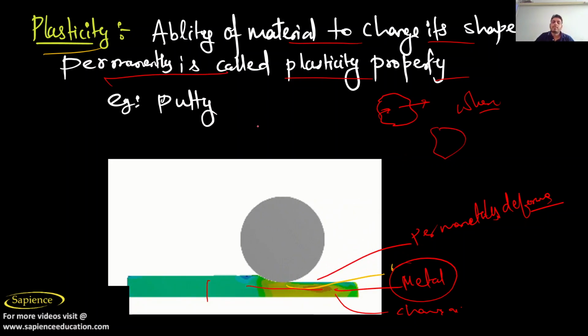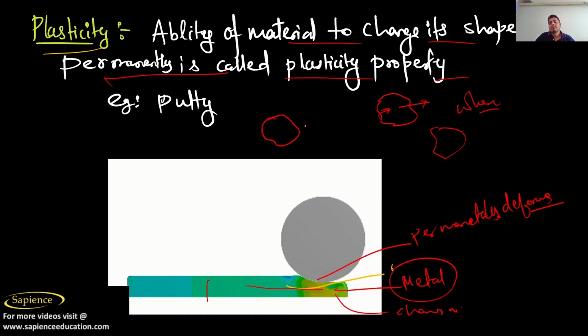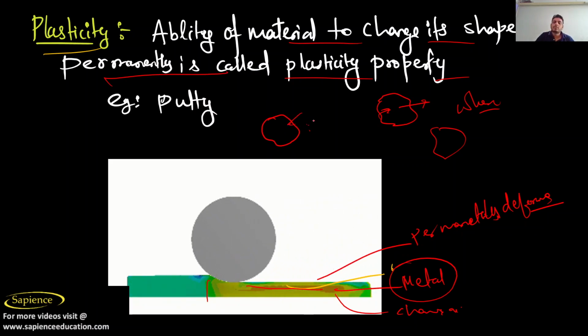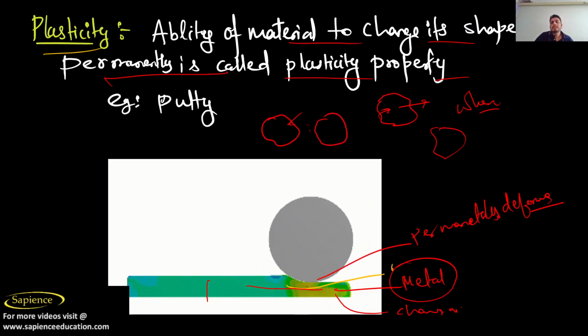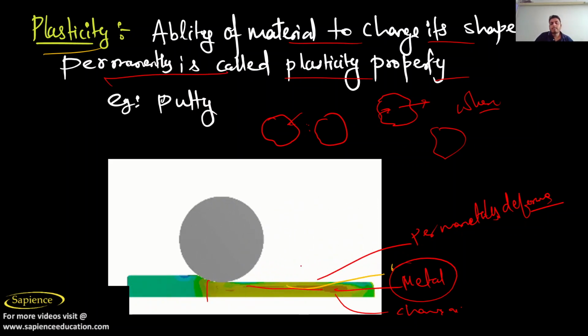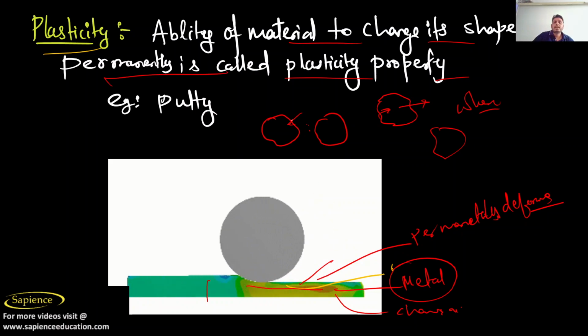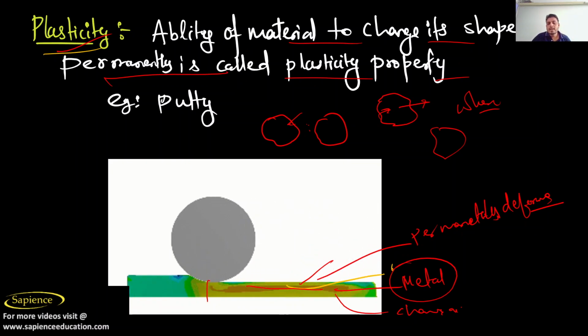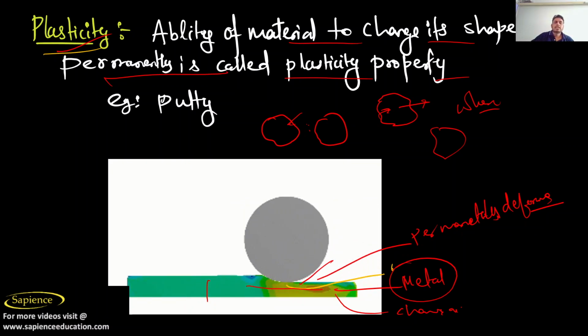But just the opposite, if you take a ball and press it, it will change shape, and as soon as you remove the force, it will again regain its shape and size. Now you have to understand that permanent deformation is happening. So plasticity is the property of a material by which it has a permanent deformation. Permanently it deforms, it won't regain at all. So this is known as the plasticity of the material.